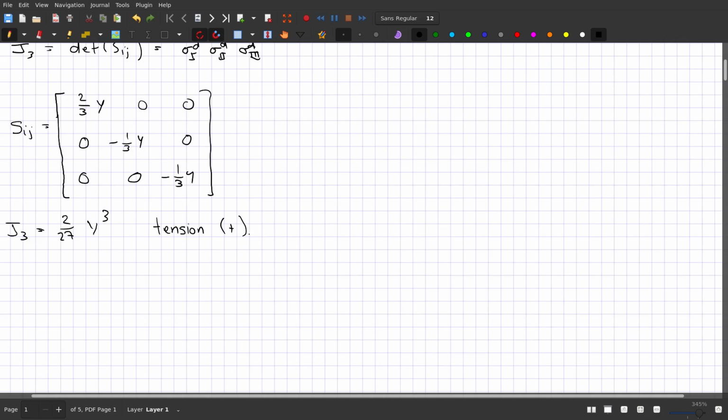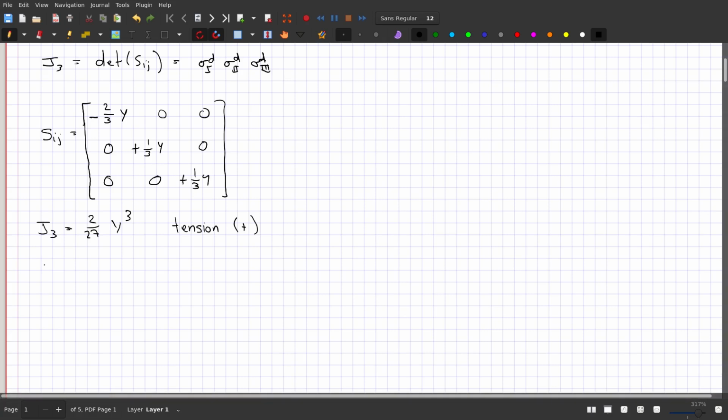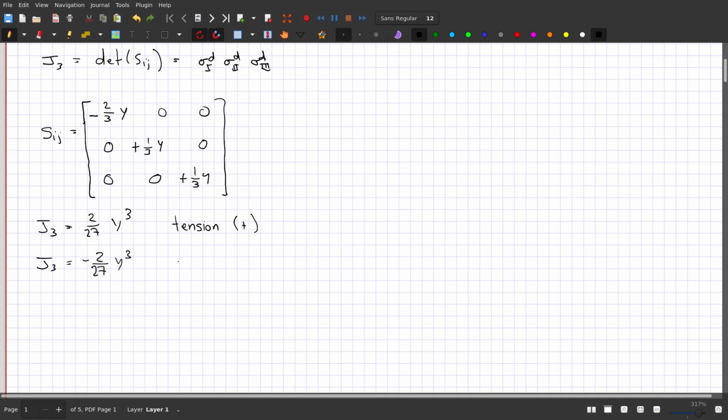But if we flip it around and run the same test in compression, so we squeeze it instead of pull on it, then these signs flip. So then we get a negative there and a plus and a plus. And so then J3 becomes minus 2/27 y cubed. So this is in compression.